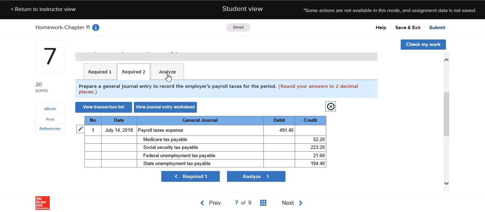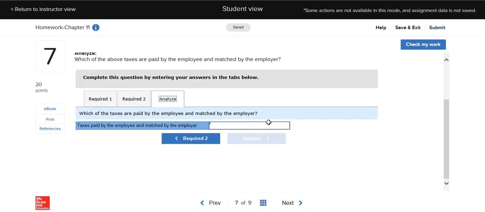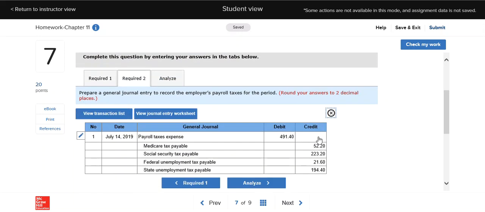So then we're going to do the analyze. Taxes paid by the employee and matched by the employer. So taxes paid by the employer were all this stuff. But I said federal unemployment and state unemployment taxes are only paid by the employer, not the employee. Medicare and Social Security are paid by both the employer and the employee. So we're going to add those up, $52.20 and $223.20.